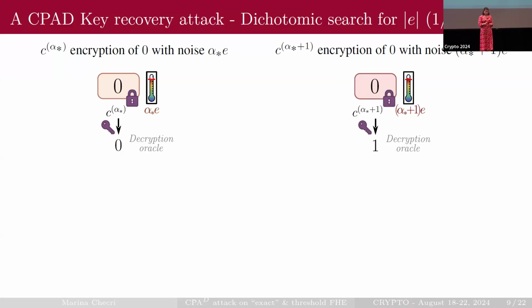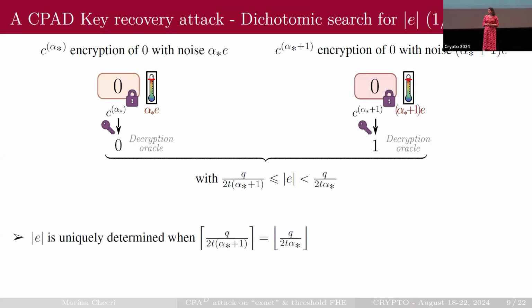When we have that, we can conclude that the absolute value of the noise is bounded as follows, and so it's uniquely determined and coincides with the floor of the right-hand bound as soon as this quantity equals the ceiling of the left-hand bound. So the question is, again, whether this occurs frequently enough.